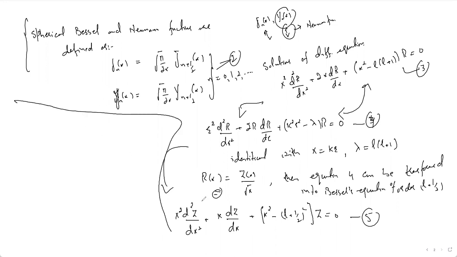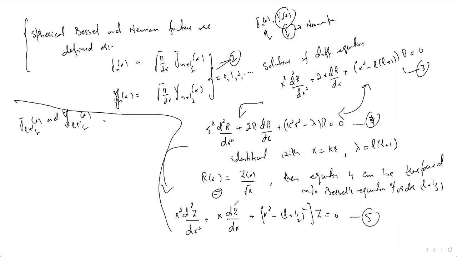Since J of L plus 1 by 2 of x and Y of L plus 1 by 2 of x are the two linearly independent solutions to this differential equation. So J L plus 1 by 2 and Y L plus 1 by 2 are the two independent solutions to this second order differential equation.